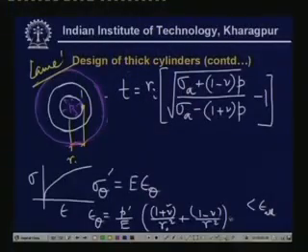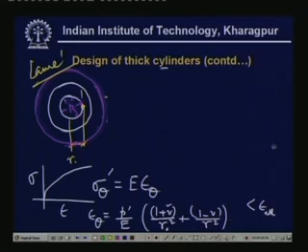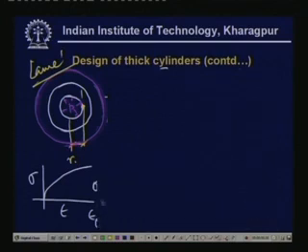Now if we have a closed ended cylinder, then Clapeyron's equation is used, and that looks a little different. Let me explain somewhat here. If we have a closed cylinder, then what do we have?